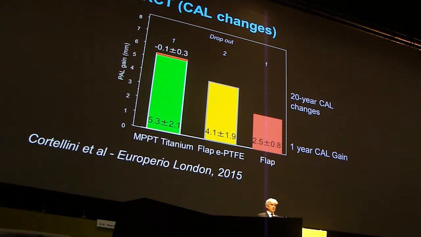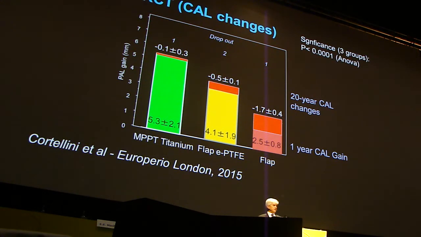We observe complete stability in the group treated with the modified papilla preservation flap and titanium reinforced barriers, a very limited amount of attachment loss in the second regenerative group, and a consistent and significant amount of clinical attachment loss in the cases treated with the modified Widman flap.